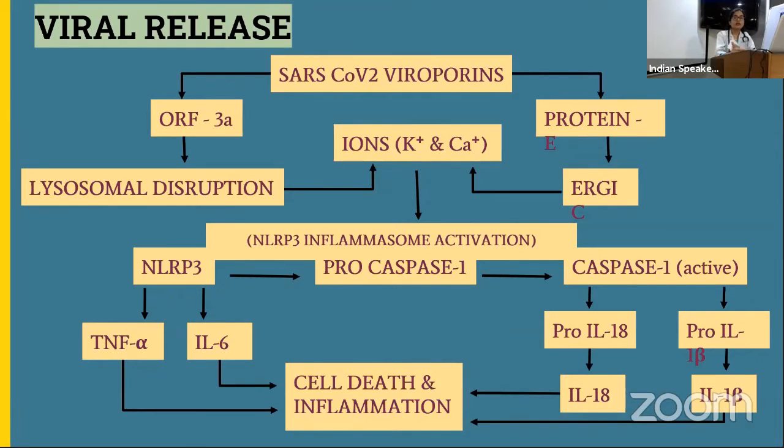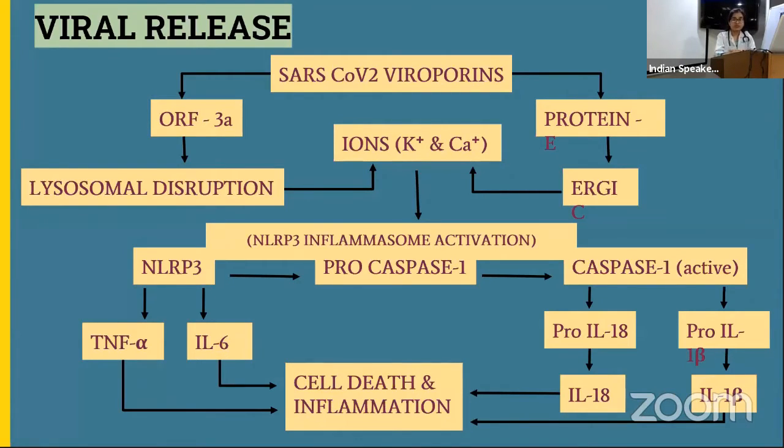Example, conversion of pro-IL-1 beta to IL-1 beta and pro-IL-18 to IL-18. This triggers a cascade of other downstream inflammatory mediators like IL-6, TNF-alpha, the prostaglandins and leukotrienes, which are all responsible for causing fever, which is a key feature of COVID-19.